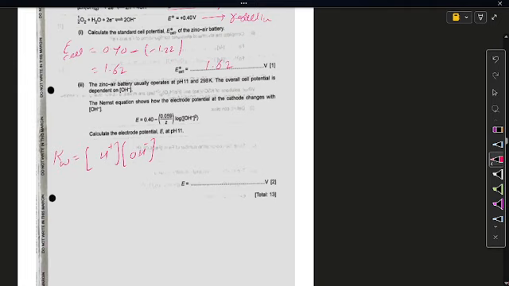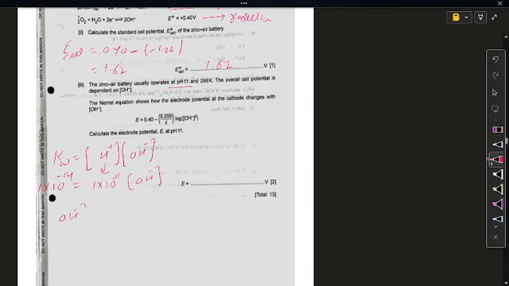The Kw value is always standard, that is 1 times 10 raised to the power negative 14. The H positive value is given by pH 11, so in place of the H positive ion concentration, you can write 1 times 10 raised to the power negative 11, and you can find the OH negative ion concentration from that.